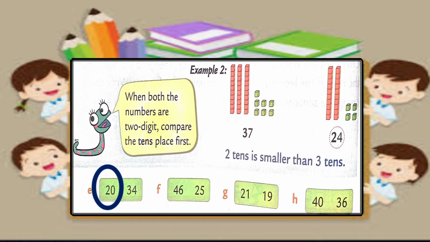Number F. 4, 6, 46 and 2, 5, 25. So here 25 is the smaller number.